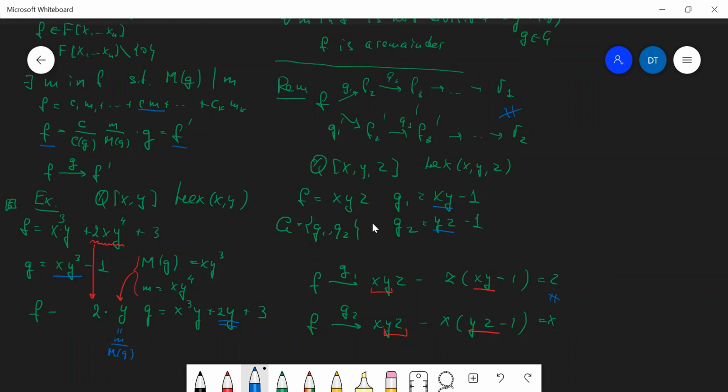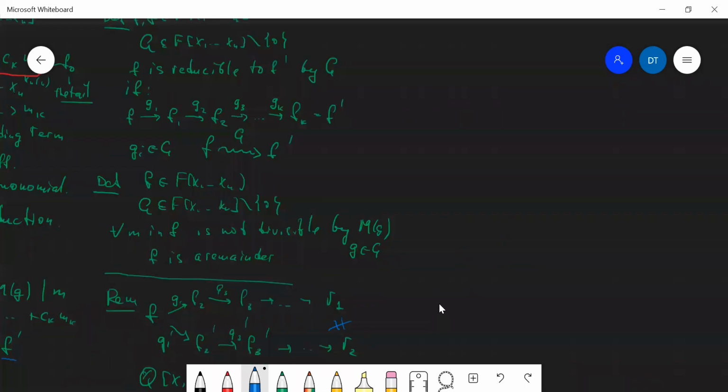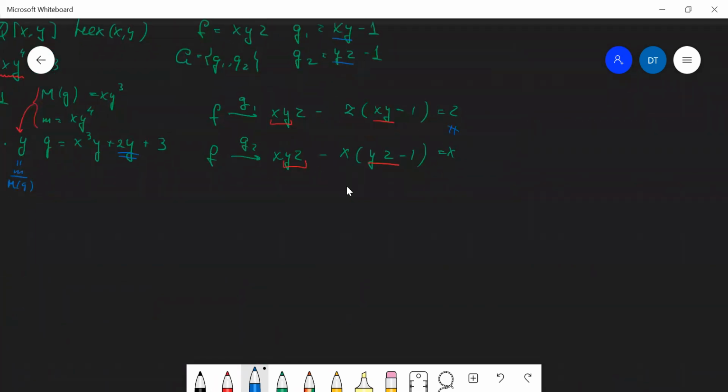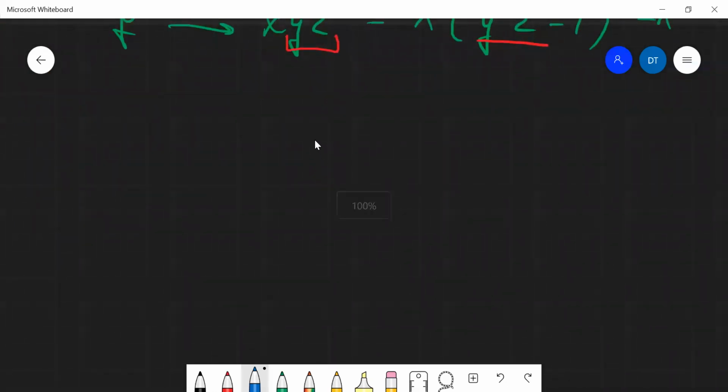A Gröbner basis is a set of polynomials g1, ..., gk such that every polynomial has a unique remainder with respect to this set G. Let me write the definition down here.